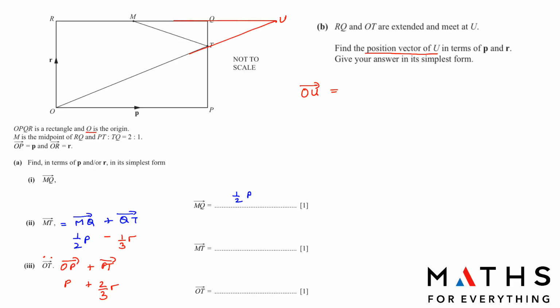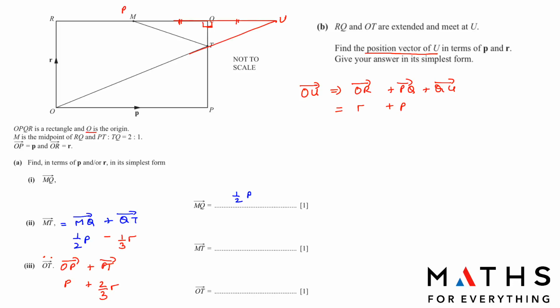How can you go to U? You can start with OR, then with RQ and QU. Always write in this form, it will be easy for you. OR is R. We also know that RQ is P. What about QU? As you can see that this is 90 degrees, it's perpendicular, and this side will equal this side.